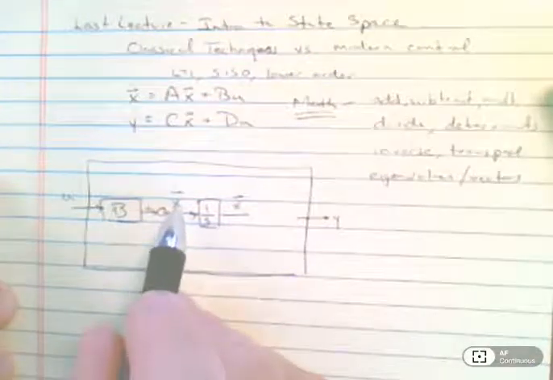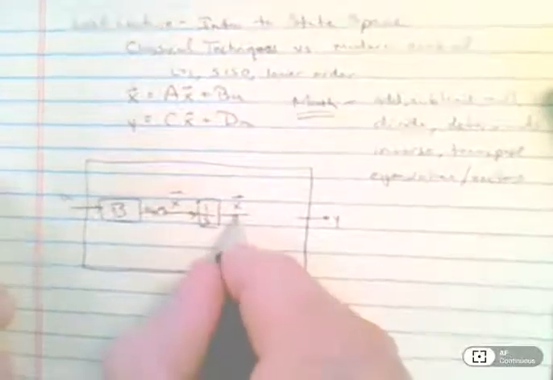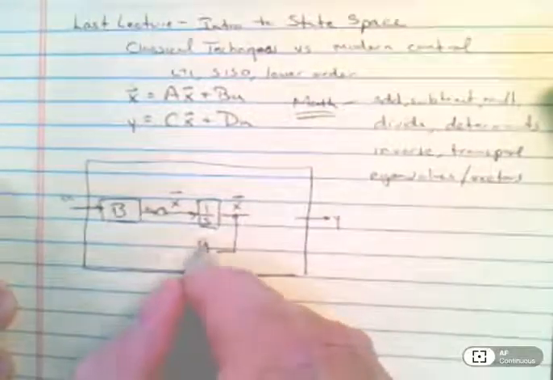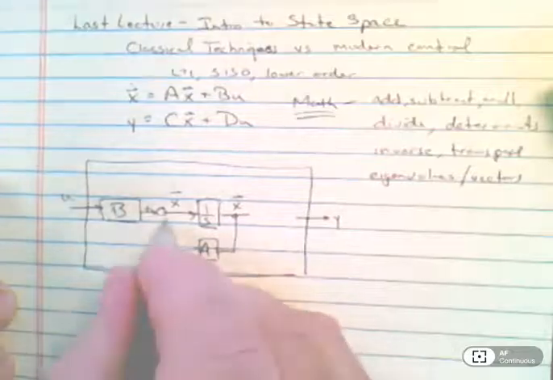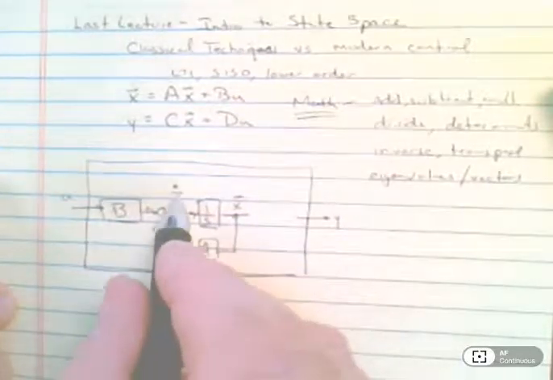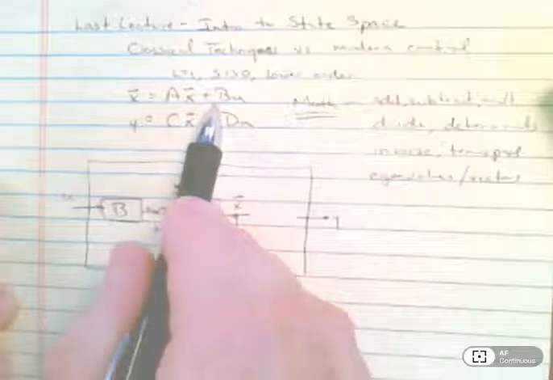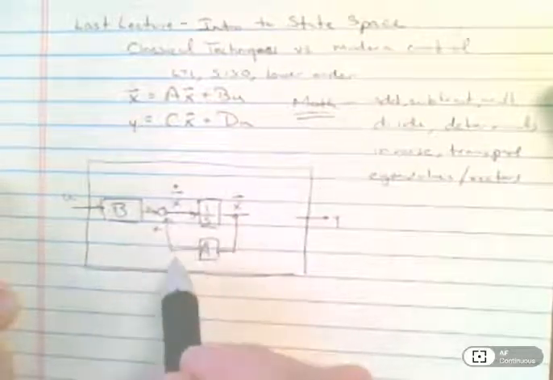So far I have x the vector dot equals B times u, which we see right here, and we can feed back an A the matrix times x to that summation node, and here is my first equation. The state vector derivative, x the vector dot, equals two terms, which we see up here in the equation, and now we see it in the diagram.